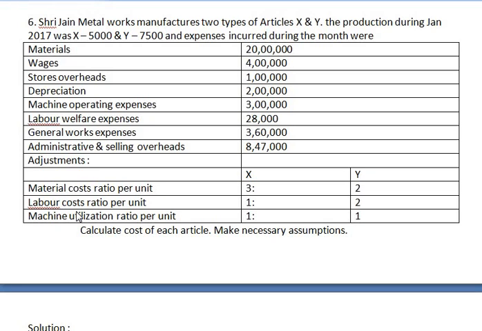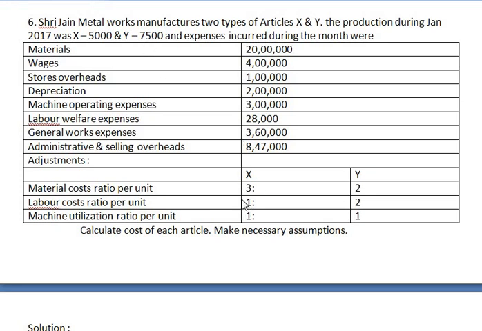Now first what we will do, we will find out the ratio of X as well as Y. But here what they have given, material cost ratio per unit is 3:2. But this company is manufacturing X 5,000 articles and Y 7,500 articles.